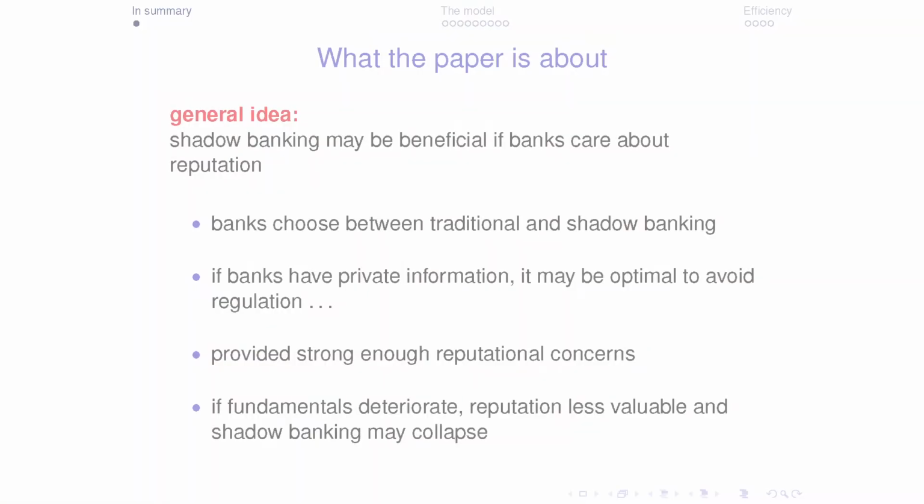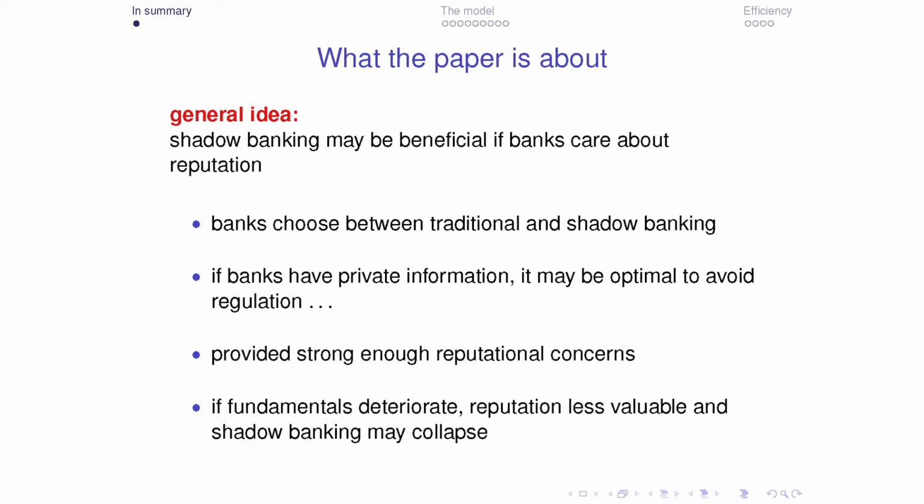But if the banks have good information, superior relative to the regulator, about the opportunity that this risk taking is going to give them, it may actually be beneficial, okay? Because they may actually take the good risk. So if reputational concerns are strong enough in this model, the shadow banking system is going to increase output.